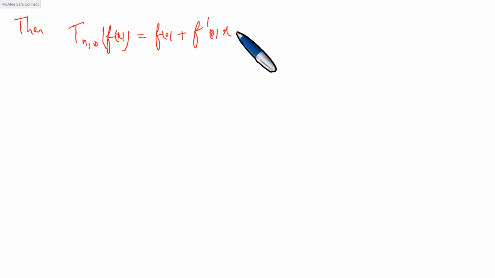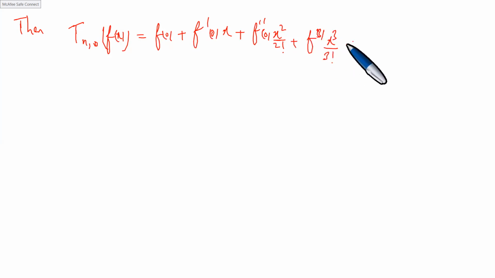So T_{n,0} f(x) is f(0), f prime at 0, f double prime at 0, triple prime.